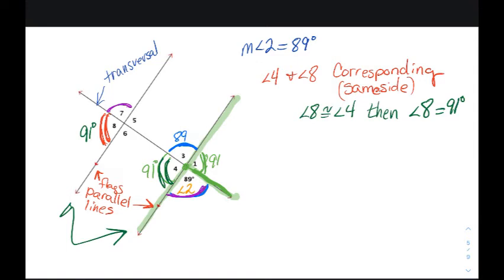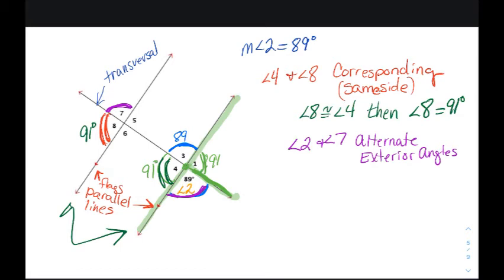Both angle 2 and angle 7 are on the outside sections of our parallel lines. So angle 2 and angle 7 are alternate exterior angles. Okay, and of course we want to say, why are they alternate?